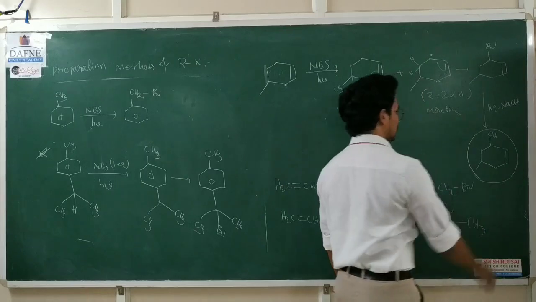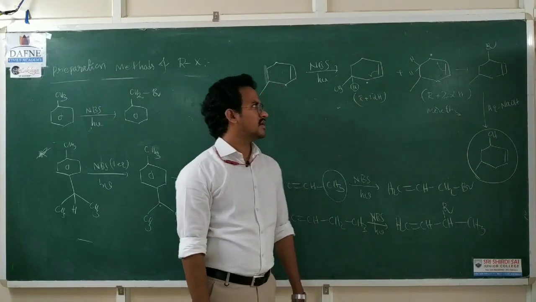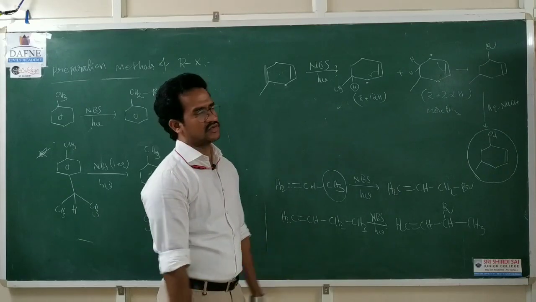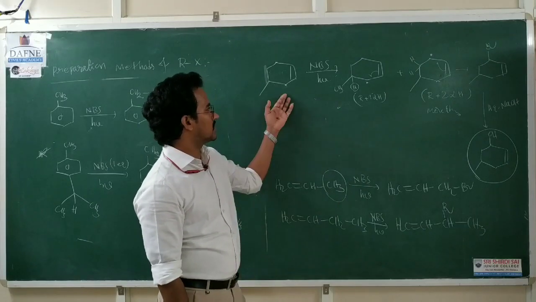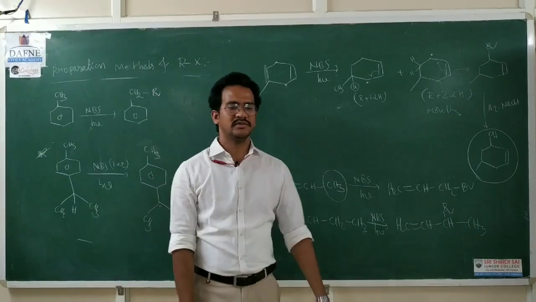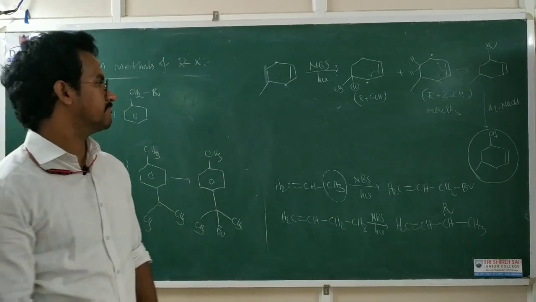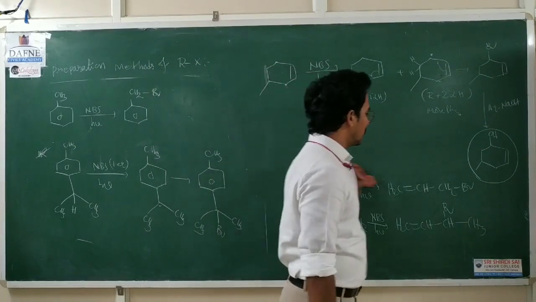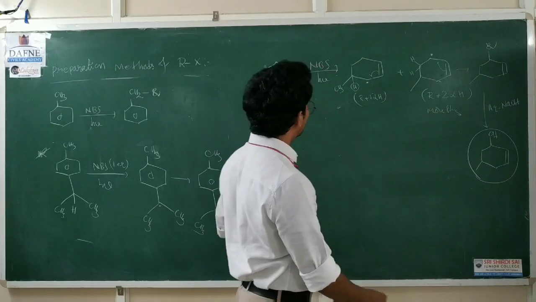So this is the major product. Of course, a question similar to this concept was given. I am not sure about the structure of the reactant. Okay, allylic bromination and then substitution reaction, nucleophilic substitution reaction. Okay, got this one?